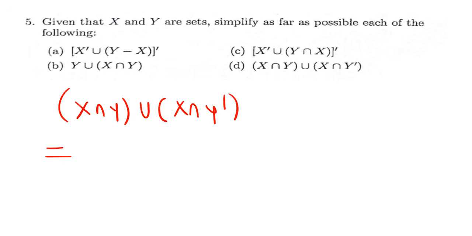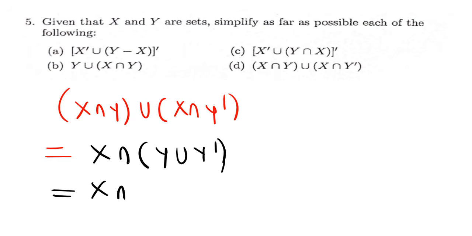In this case, I'm going to factorize the x intersection to bring it back to the way it was. So I'm going to have x intersection, then I'm going to remain with a y there, then I put the union there, then a y complement there. Basically this. Now I'm going to have x intersection.